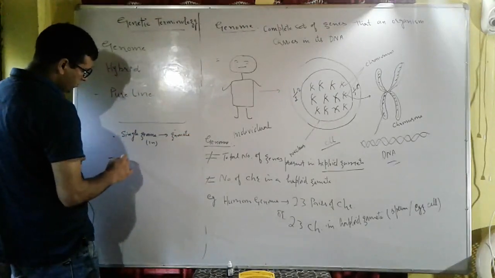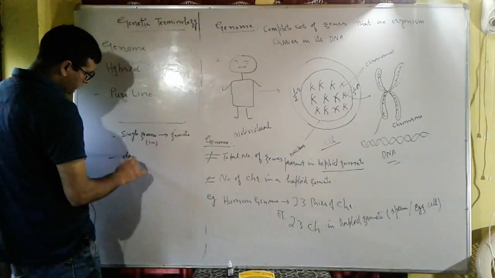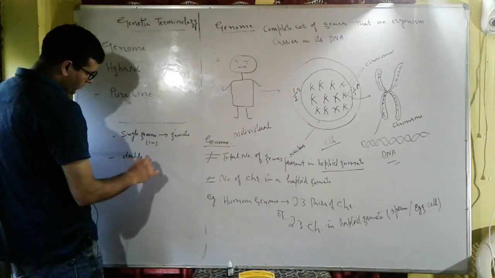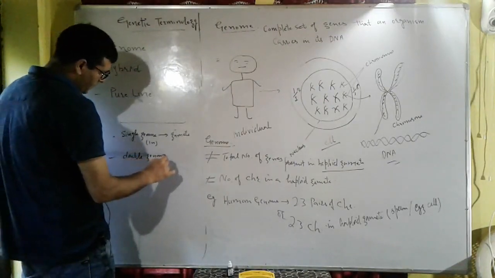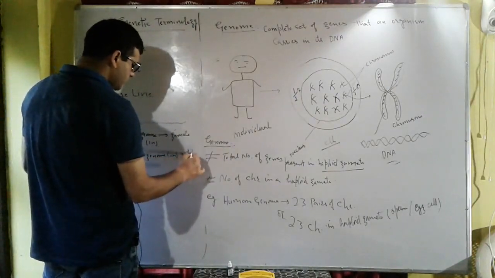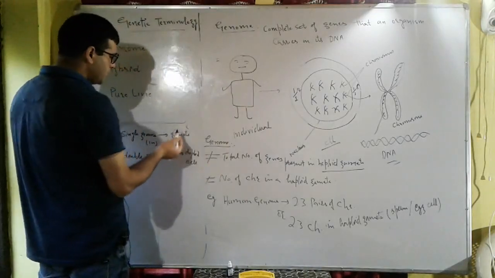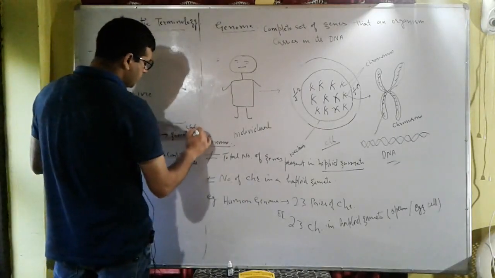Double genome, two N, it is present in diploid cell. This gamete is a haploid cell.